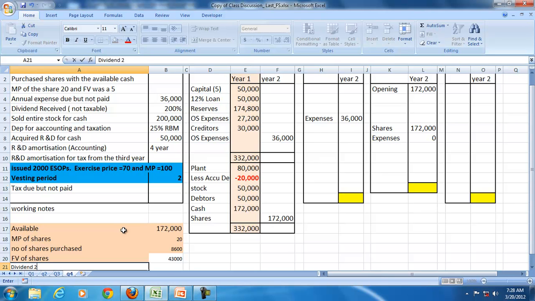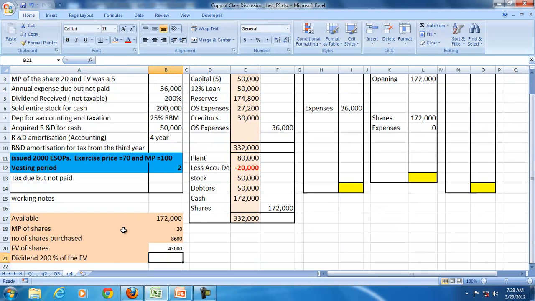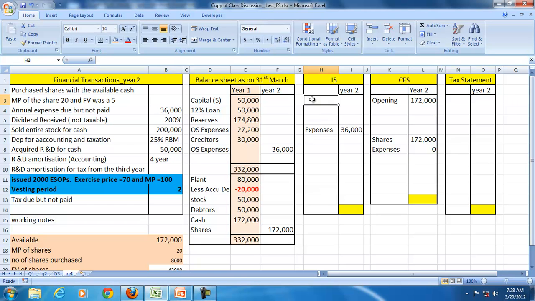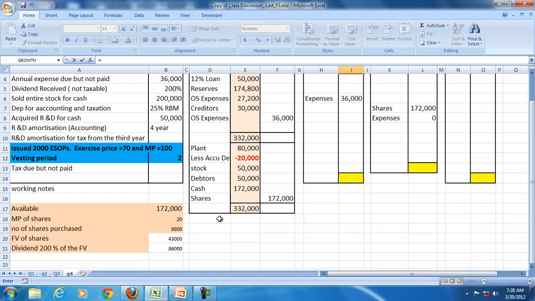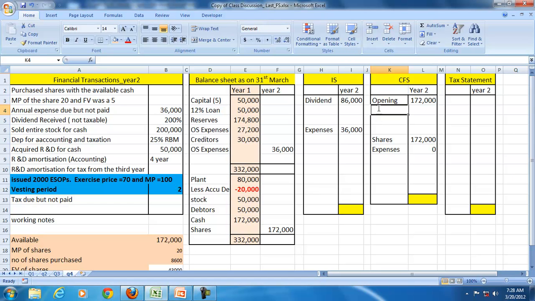Dividend, they're getting 200% of the face value. So therefore the dividend is equal to 200% of the capital, and the dividend here is therefore 86,000. So the dividend is an income, and we received 86,000, and the dividend is also a cash flow.